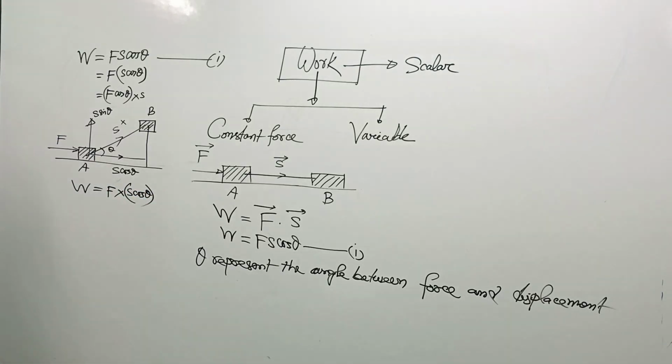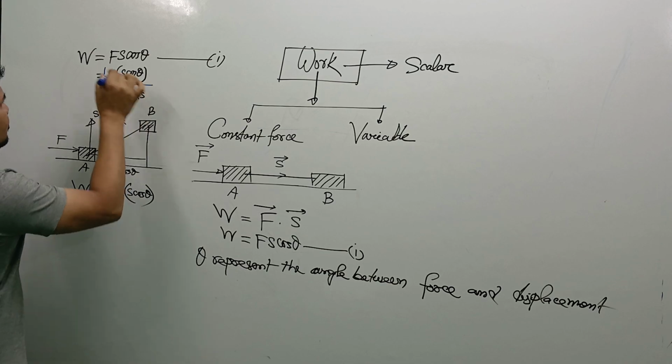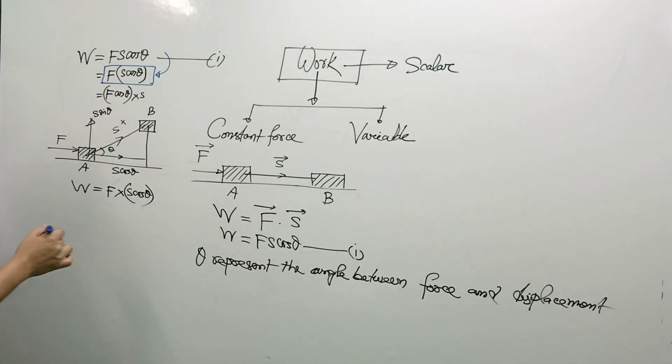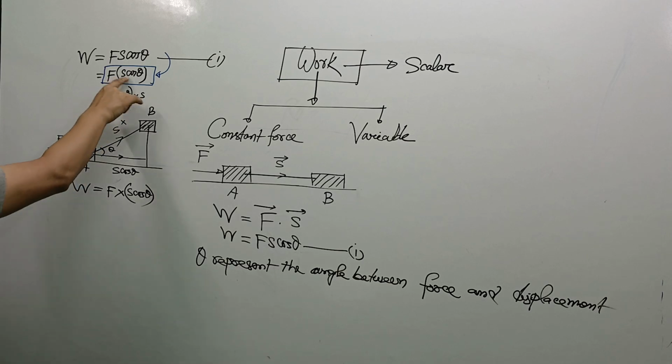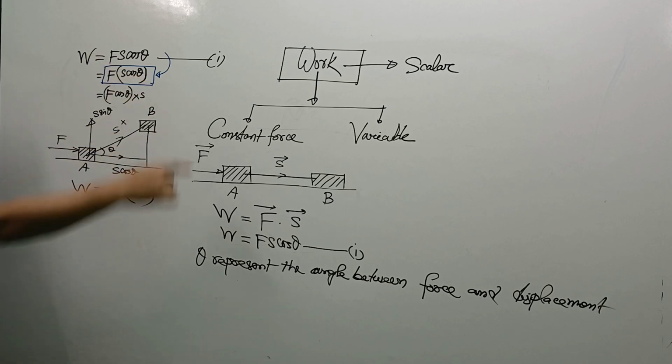My dear student, I think all of you clearly understand. So this equation gives this message when we rearrange it this way. F into S cos theta gives you the special message. This is the applied force and this is the horizontal component of the displacement.